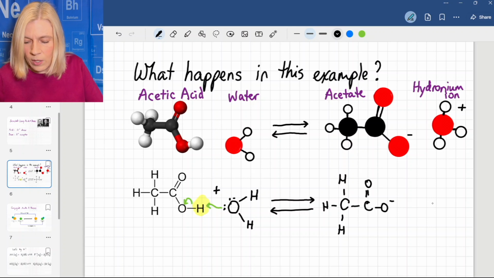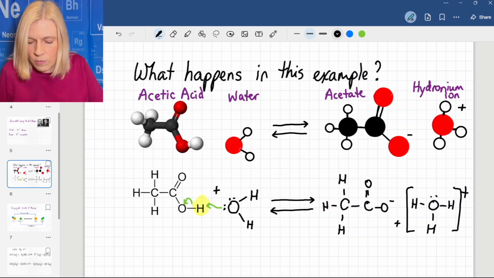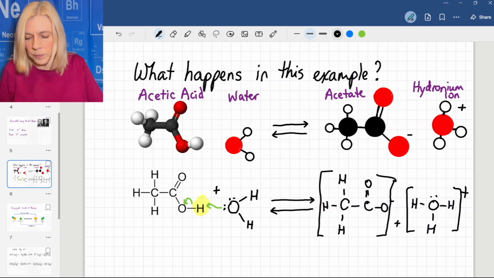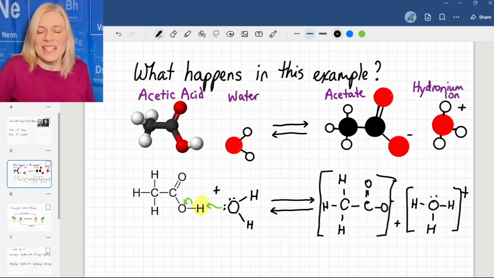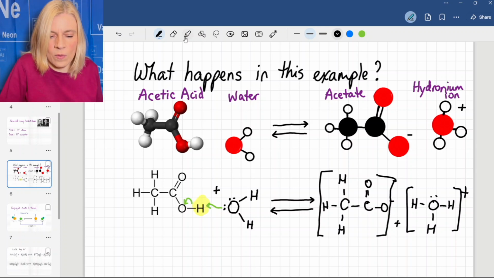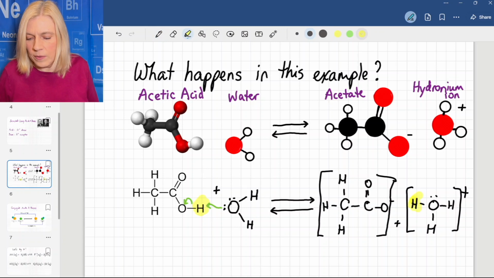Plus, what are we going to have? Our hydronium ion, and it also should have a bracket, and this one should have a bracket too, bracket with a negative charge. Here we go. Yes? So do you see it? So this hydrogen is right here.